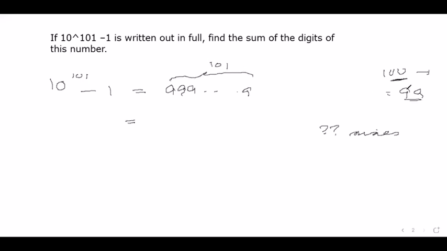See? Because when you had 2 zeros, subtract 1, you have 2 9s. So if you got 101 zeros and subtract 1, you'll have 101 9s. And that's easy. 101 times 9 is 909. So here's a problem which looks very difficult, but with a little bit of common sense, you can actually figure out the answer to the problem.